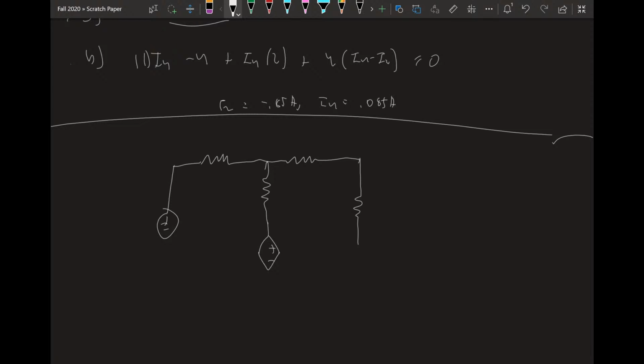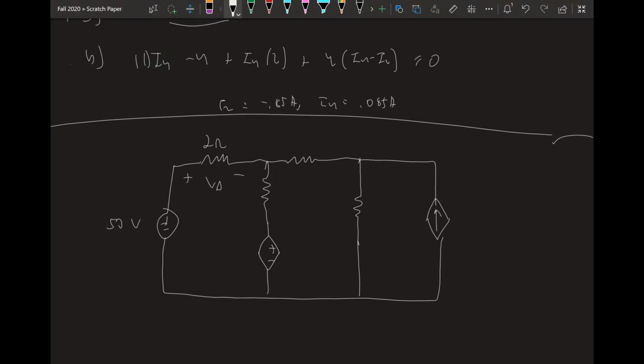Okay, so now I have some dependent sources, which will make things marginally more difficult. 50 volts here, 2 ohms.